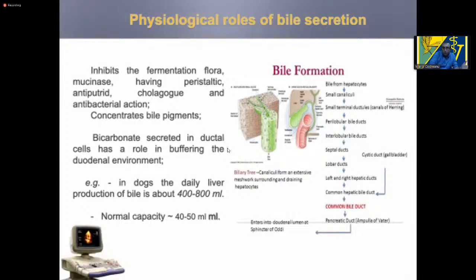For example, in dogs, the daily liver production of bile is between 400 and 800 milliliters, but it's important to notice that the normal capacity of the gallbladder is about 40 to 60 milliliters, okay?